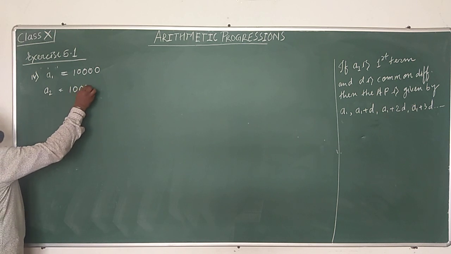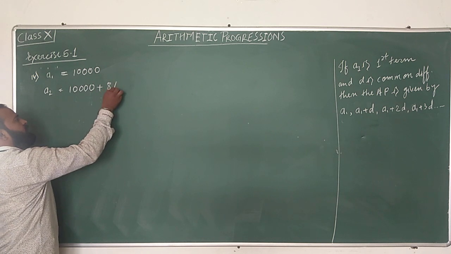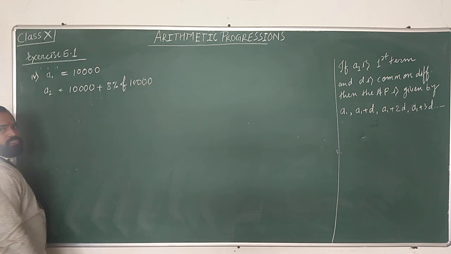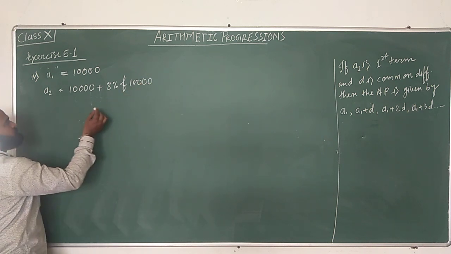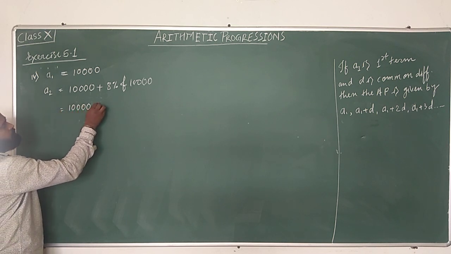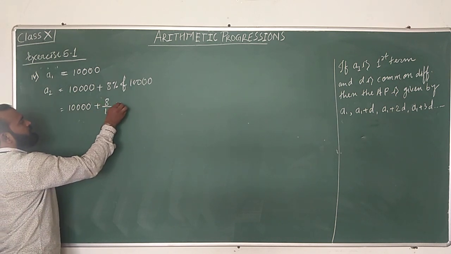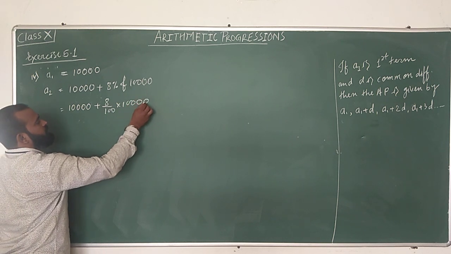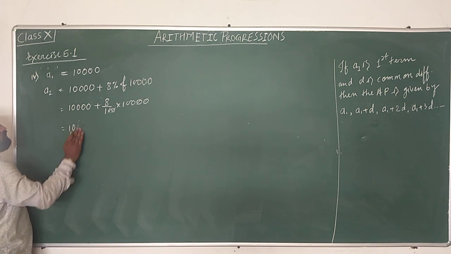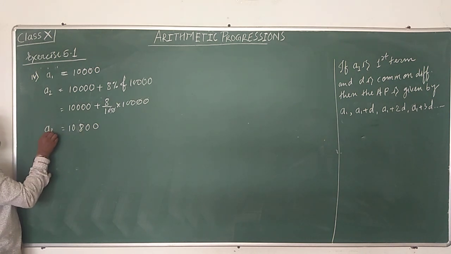This is principal plus कितना परसेंट? 8%. 8% of 10,000 इतना इंटरेस्ट लगेगा। ठीक है, let us calculate. कितना आएगा? 10,000 plus 8% is 8 upon 100 multiplied by 10,000. 0 0 0 0 get cancel. What will come? 10,800. Right? This is A2.